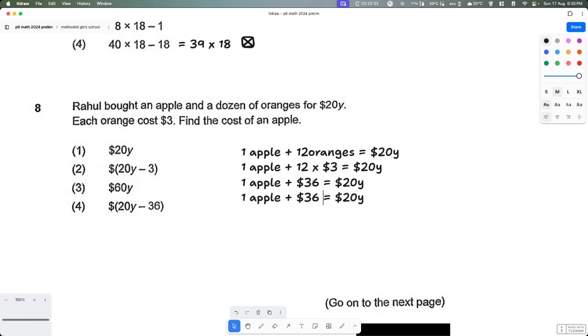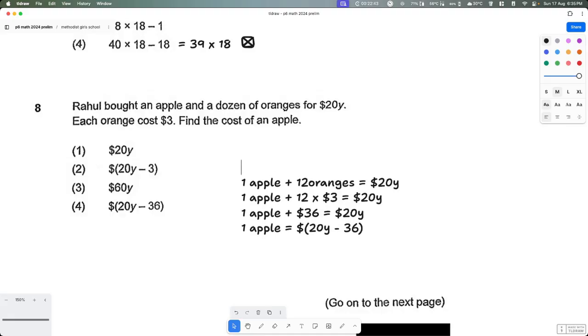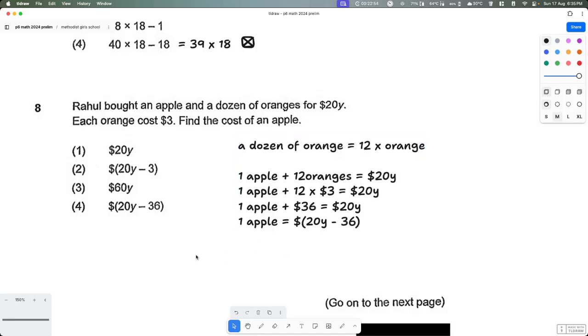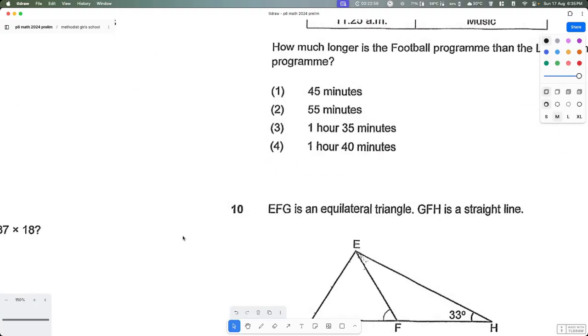Okay, so one apple is equal to basically $(20 minus 36). A dozen oranges is equal to 12 times the cost of an orange. All right, so 20 minus 36 is option number 4. Okay, let's move on to the next question.